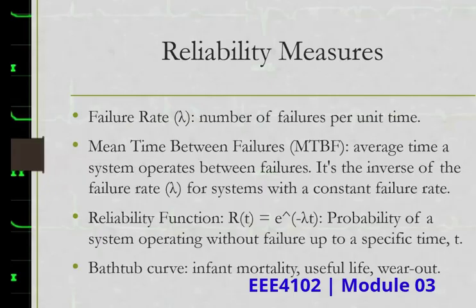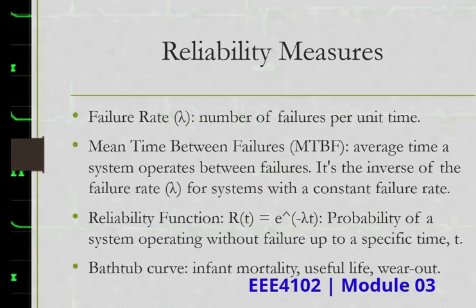So under the bathtub curve, we have three distinct phases. The infant mortality refers to a high initial failure rate due to manufacturing defects. This occurs in the factories before the equipment is even installed.